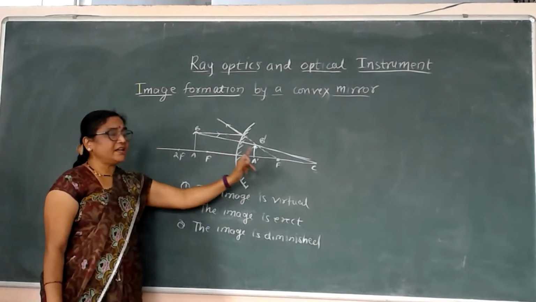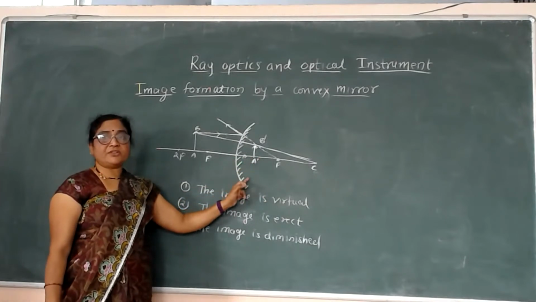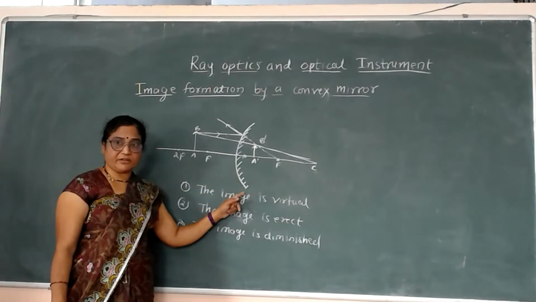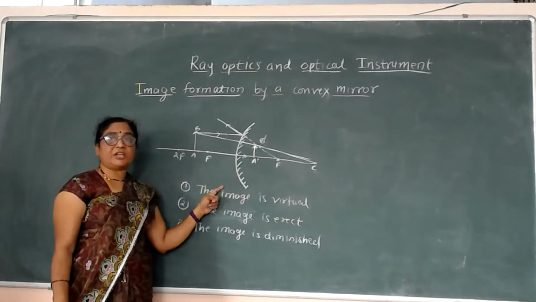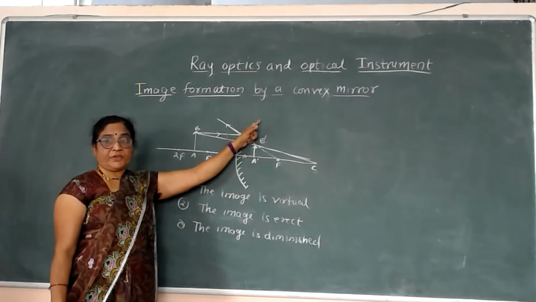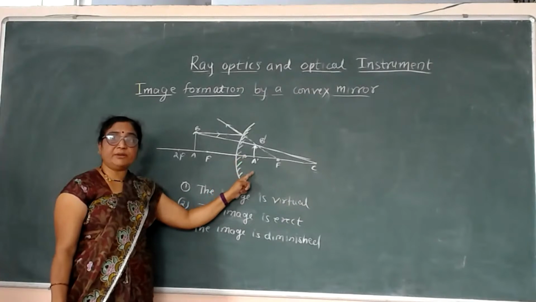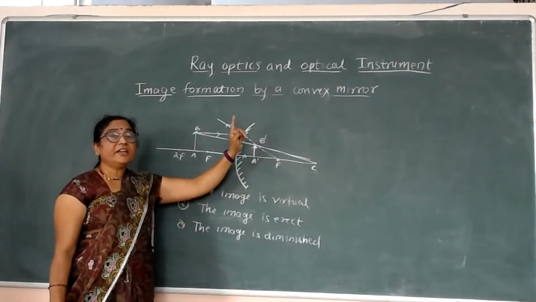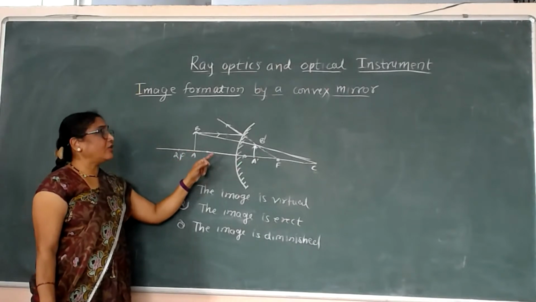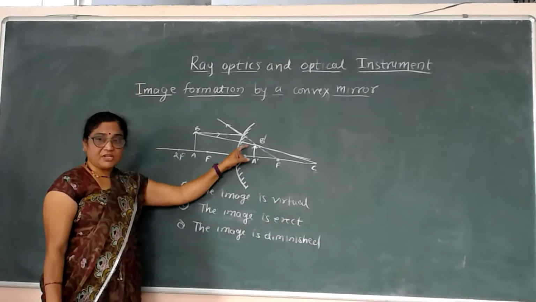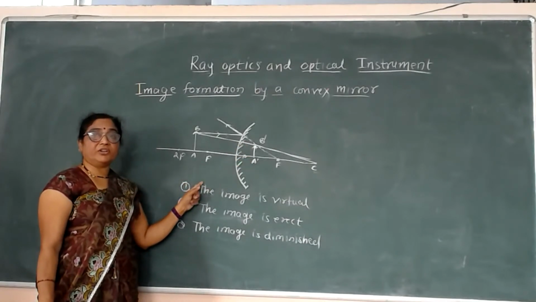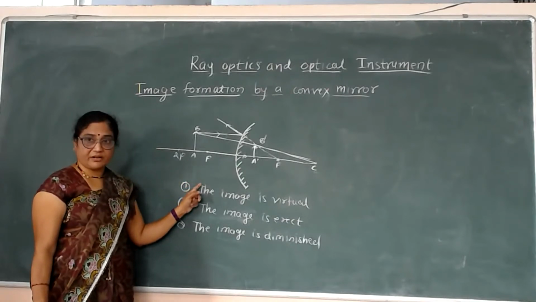So here, what is the difference between the virtual image given by the concave mirror and that given by the convex mirror? The virtual image given by the concave mirror is magnified, but the virtual image given by the convex mirror is diminished.